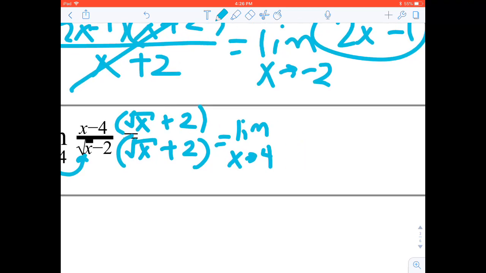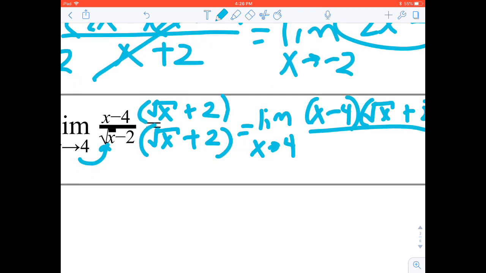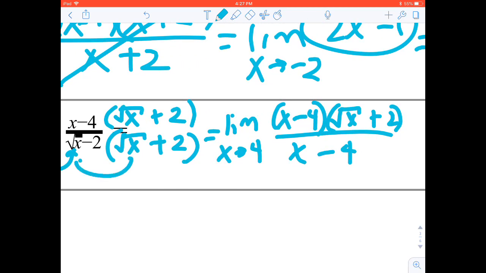So in the top, I'm not going to distribute anything. I'm not going to really mess with it. I'm just going to write those two factors there. Down in the denominator, this is going to multiply to x minus 4. Root x times root x is positive x. Negative 2 times 2 is negative 4.